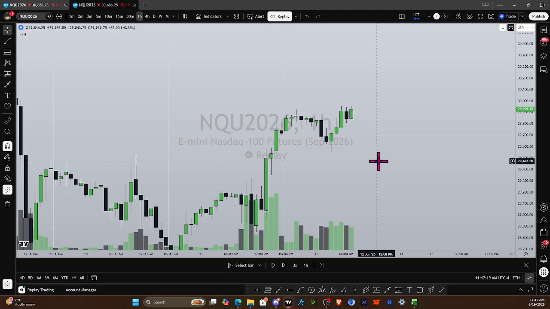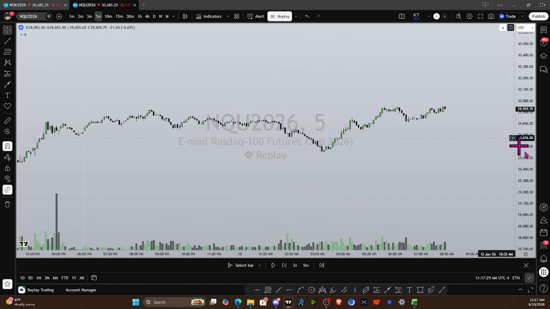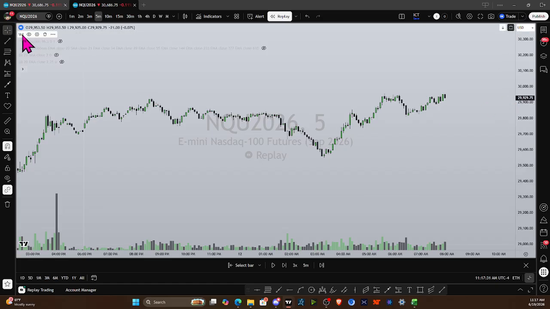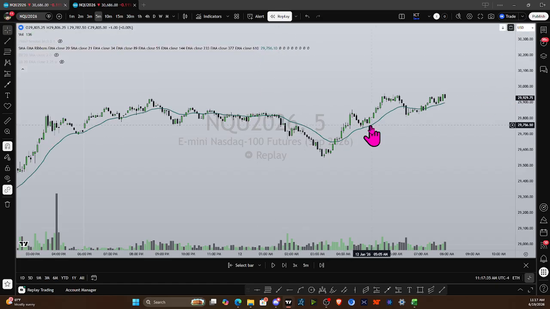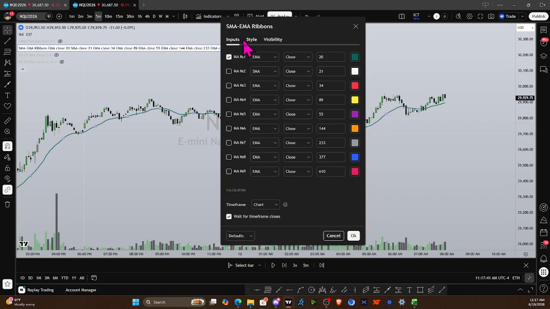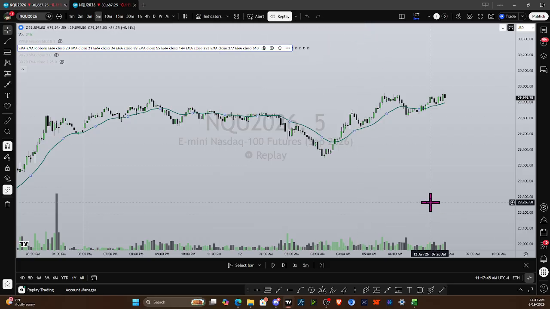But basically, the first thing I do when I log in is look for what is the overnight high and overnight low. And then let's see. So you guys know I always am watching a 5-minute chart with this 20 EMA. That's a lesson from Al Brooks. Let's just double check this is set up the way I want it. Yeah, 20 EMA on a 5-minute chart.